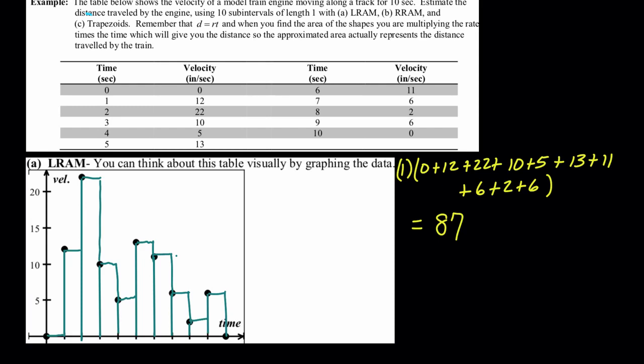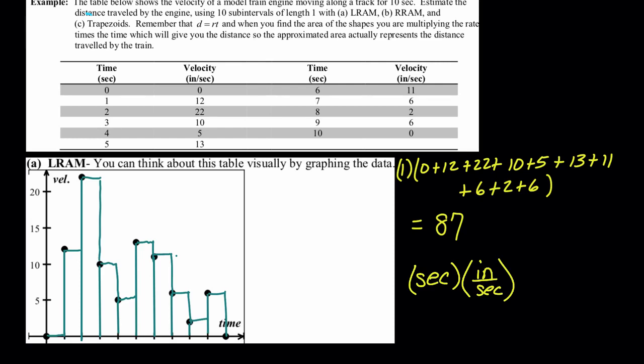Now let's think about the units of measurement on this for a minute. The base of the rectangle is measured in time, which is in seconds. And so we are multiplying this by the height of each rectangle, which is velocity, measured in inches per second.